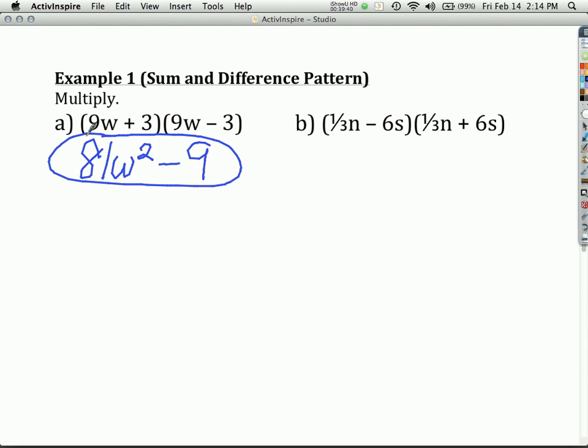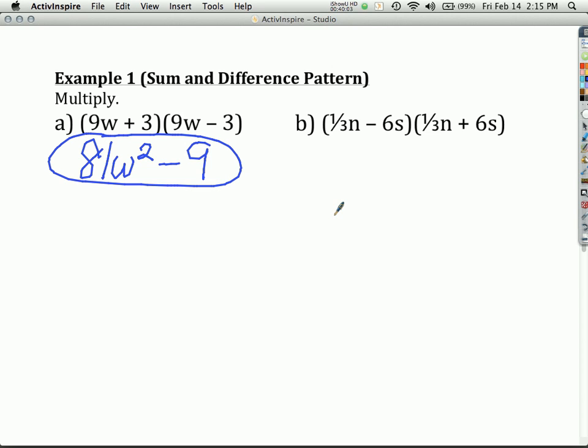Part B. Any questions on part A? Part B. So, no different. Just have to pay attention to details, that's all. Square the first term. What's 1/3 n squared? 3 hesitant hands and 4 confident hands.